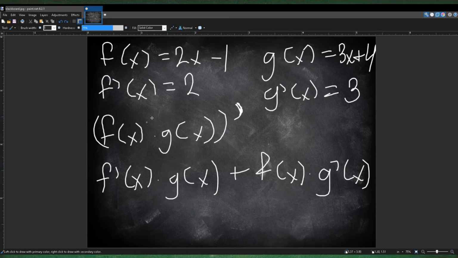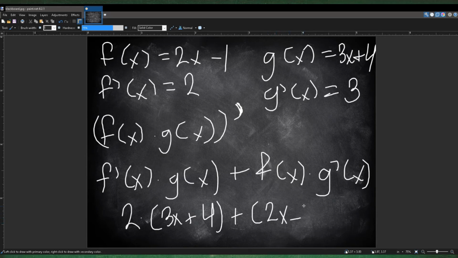So how would this work? If the derivative of f of x is 2, and g of x, not the derivative, is 3x plus 4, then this is 2 times 3x plus 4, plus f of x, the regular equation, not the derivative, so 2x minus 1, times the derivative of g, which is 3. Multiplying that out, that's 6x plus 8 on top here, and this is 6x minus 3.